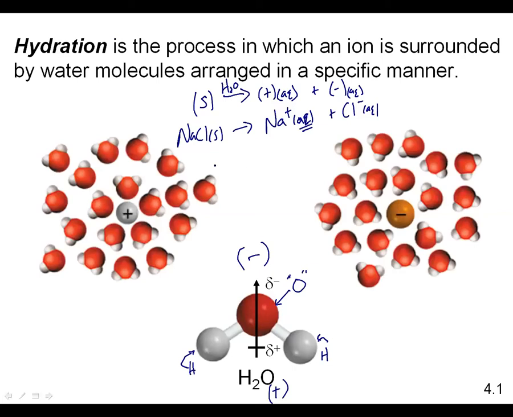It gets surrounded by the negative side of the water molecules. If this is sodium, it has a positive charge, so it is attracted to the negative side of water, and that helps it dissolve. This is the process known as hydration. The chloride is our negative ion, which is attracted to the positive side of water, our hydrogen side.